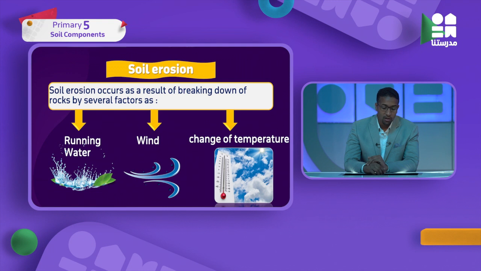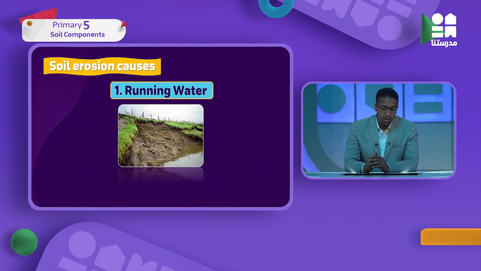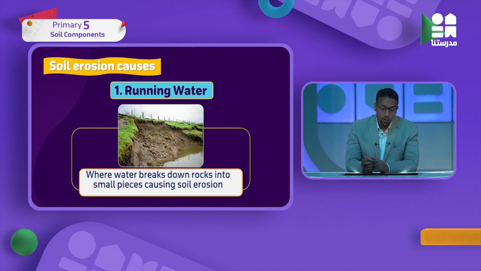So let's start with running water. Running water affects the soil and causes soil erosion. Why? Because water breaks down rocks into small pieces, causing soil erosion. يبقى breaking down rocks in the soil لما running water ده يكسر الروكس اللي موجودة في السويل هيسبب ايه؟ هيسبب ان جزء من السويل ده هيبقى مش موجود، هيروح مع المية، هيحصل تآكل في السويل والبلانتس مش هتقدر تعيش فيها.